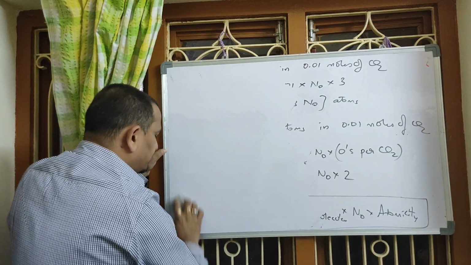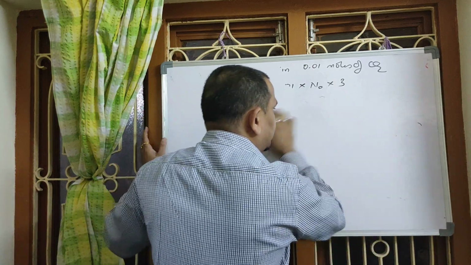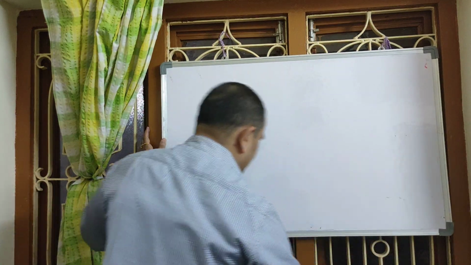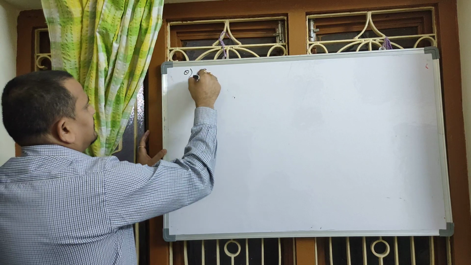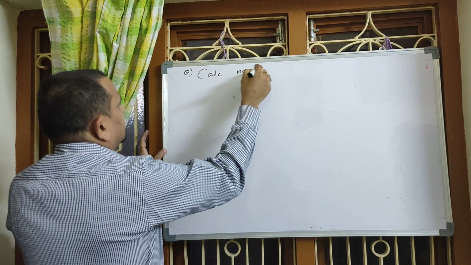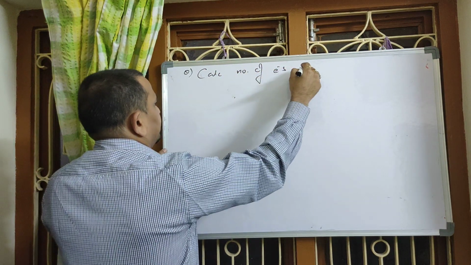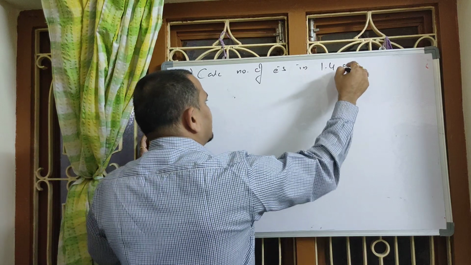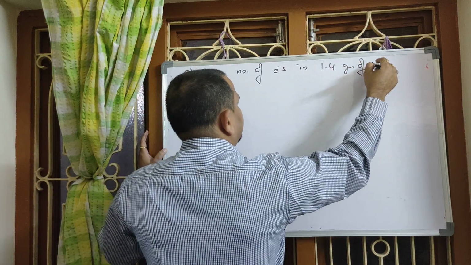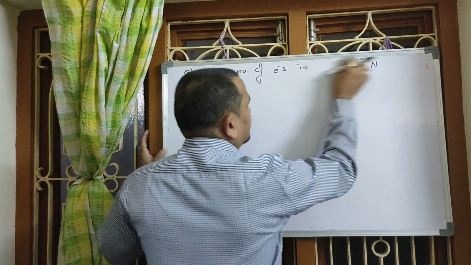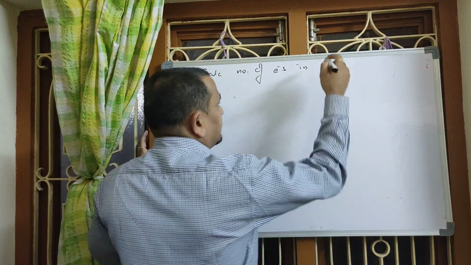Calculate the number of electrons in 1.4 grams of nitride. Okay, instead of taking mass directly, let us start with moles.